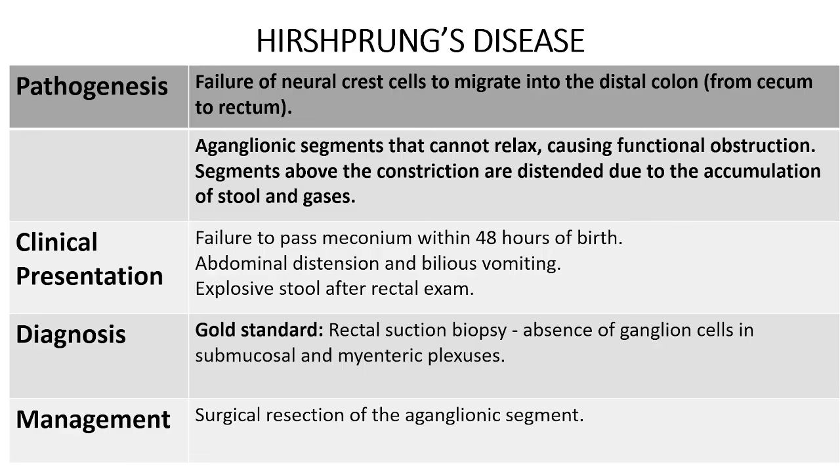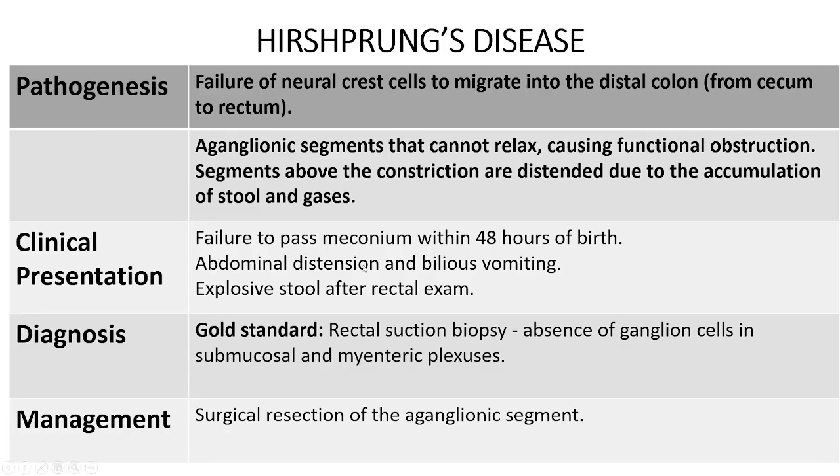So they cannot relax and they cause distension of the proximal segments due to the functional obstruction at this area. There is no obstruction, right? Remember that anal exam found no abnormality. There is no actual obstruction. It's only functional due to inability of this part to relax.